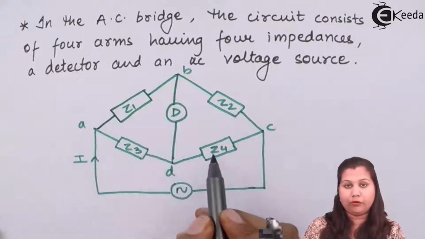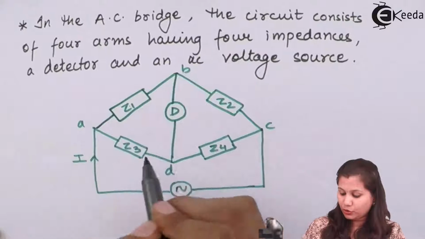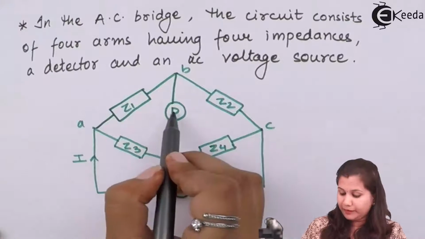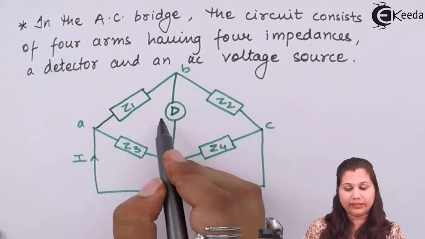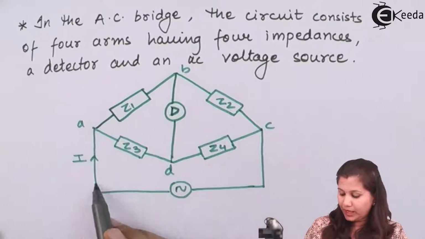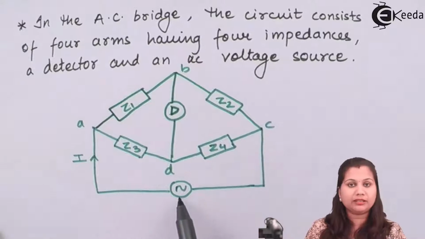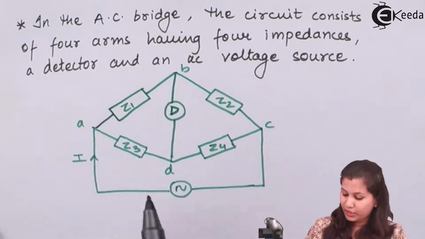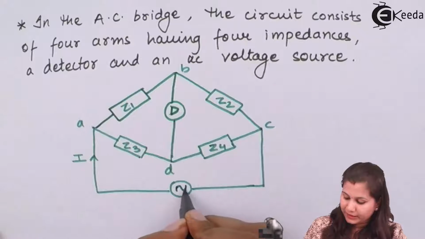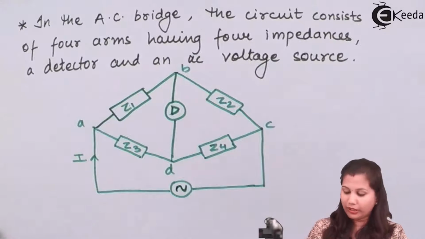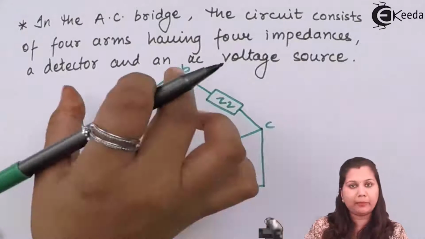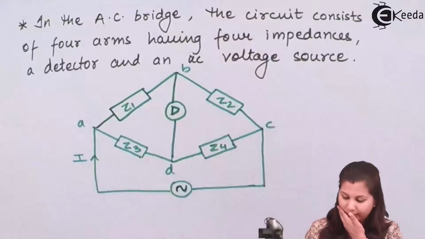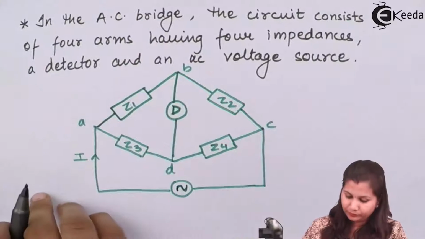Four arms having four impedances Z1, Z2, Z3 and Z4. In place of the galvanometer, in between arms B and D, we have the detector, and in between arms A and C, we have the AC voltage source. This is the symbol for representing an alternating current. So here we have an AC voltage source which is providing the power supply to the bridge network.